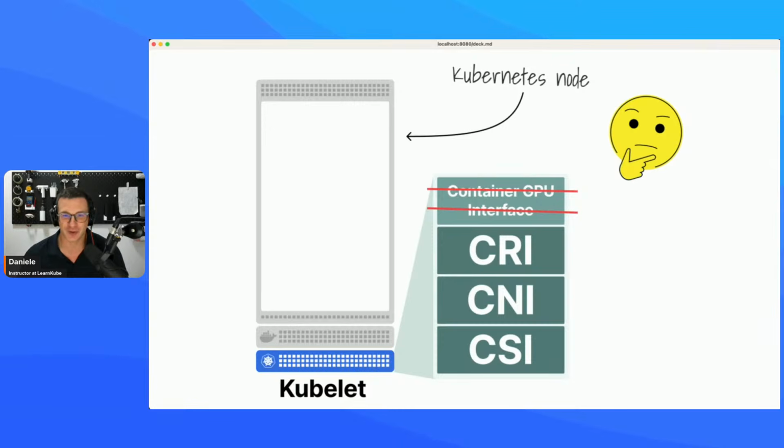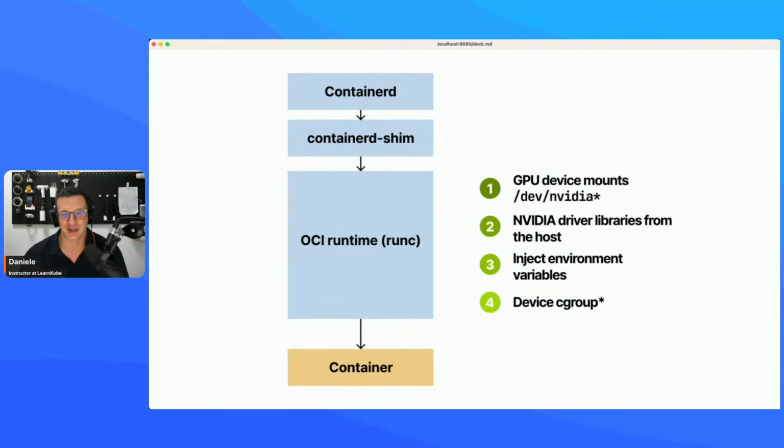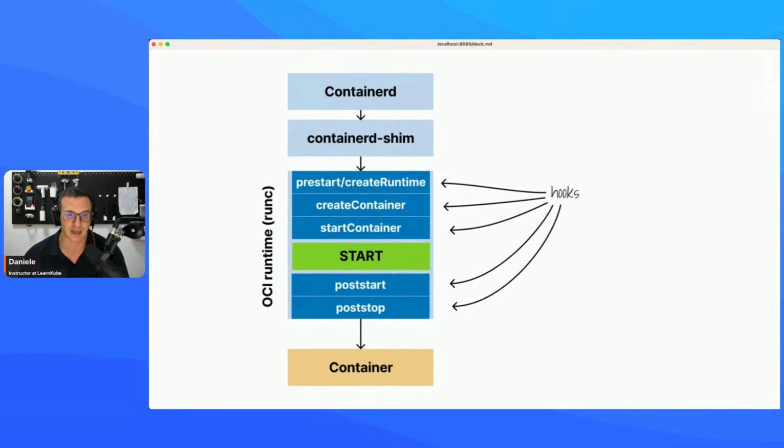And unfortunately, we don't have a container GPU interface. So what we do is we actually patch the container runtime interface. And the way we do the patching is basically through the OCI runtime. The OCI runtime has hooks before the container starts.